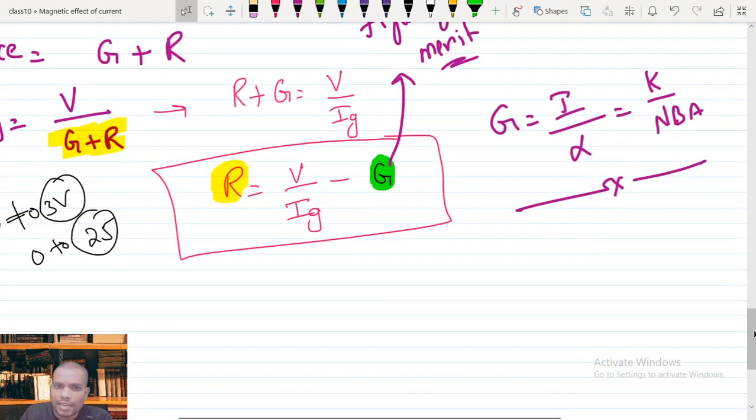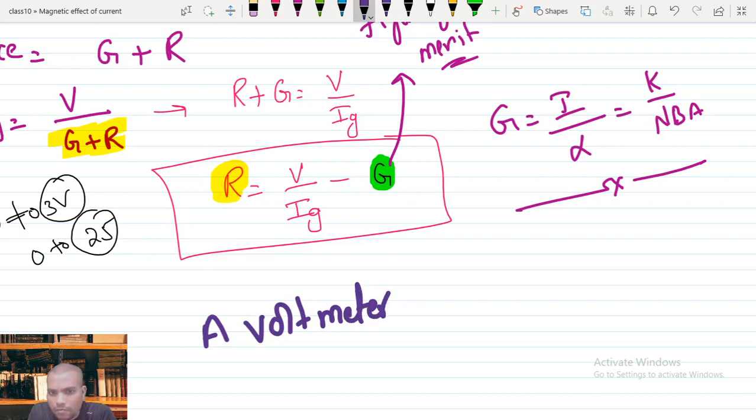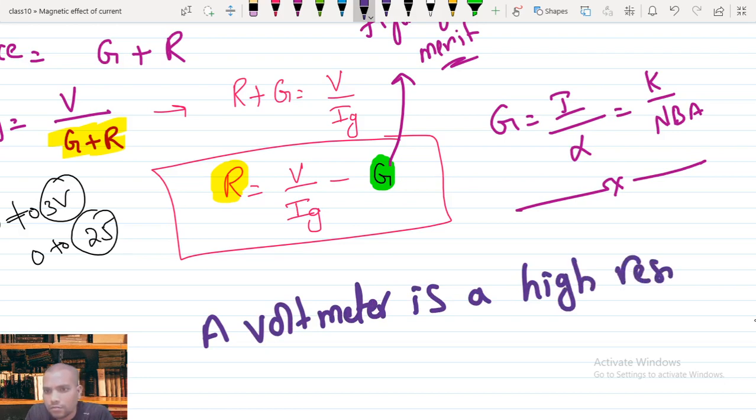So finally here I can make a concluding statement. What is a voltmeter? A voltmeter is a high resistance galvanometer.